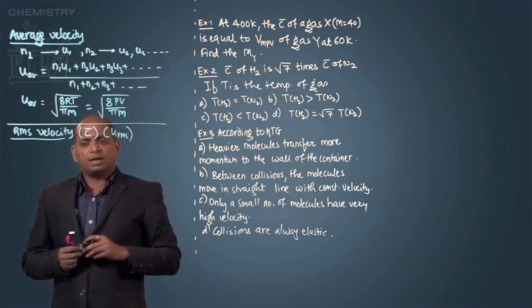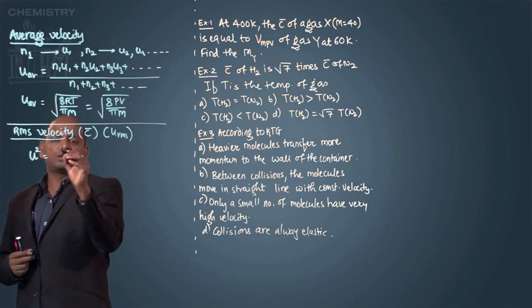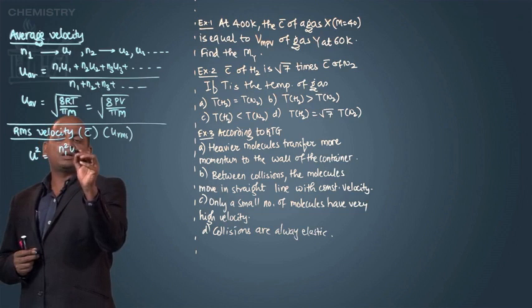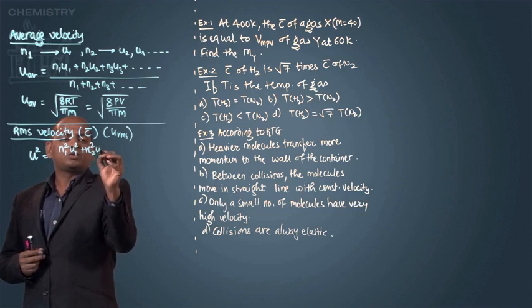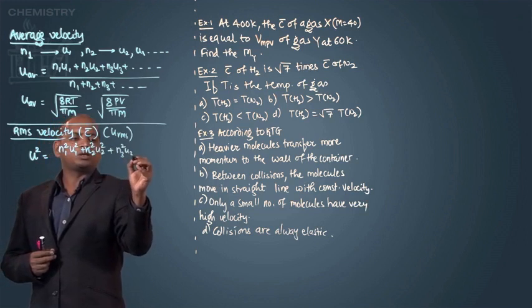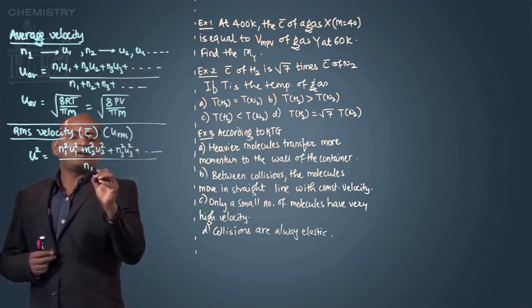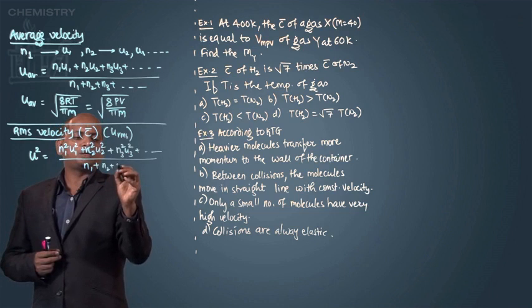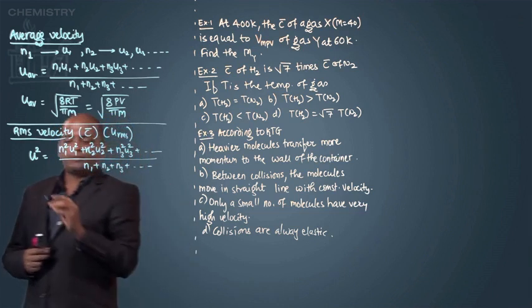Only the thing is that we are taking squares: u square is equal to what? n1 u1 square plus n2 u2 square plus n3 u3 square and so on, divided by n1 plus n2 plus n3 plus and so on.